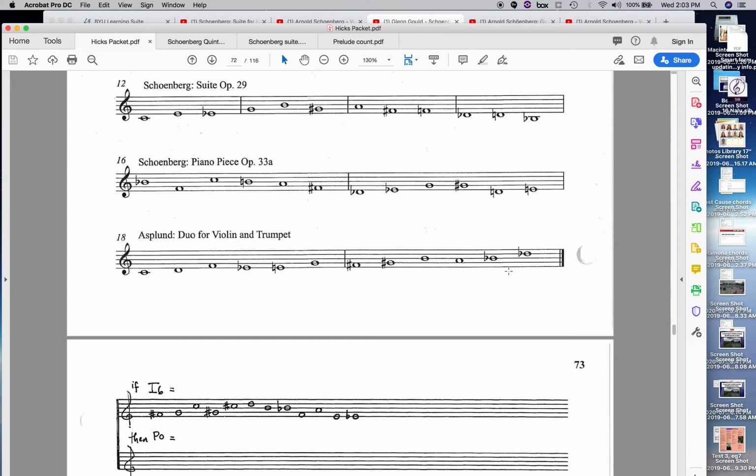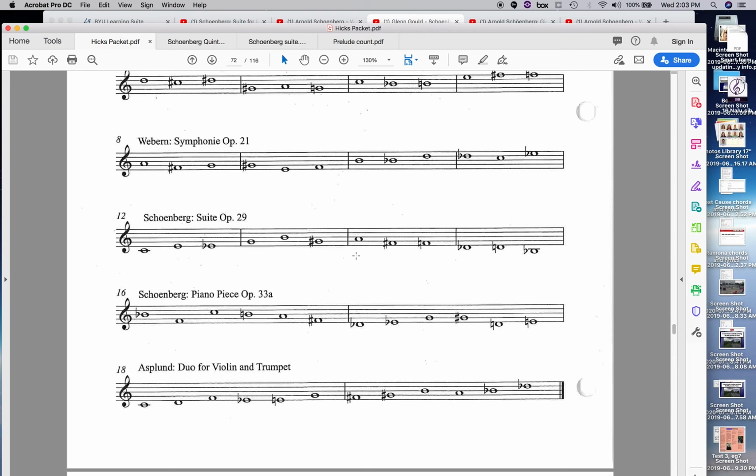The second hexachord is also transposed by a tritone, but it's not retrograded. And then it's literally a tritone higher.